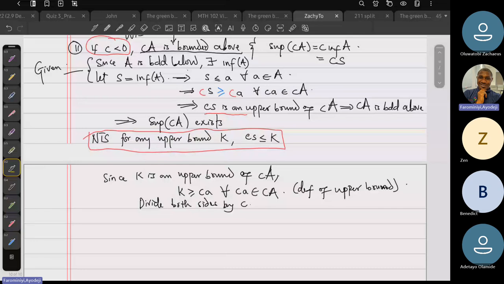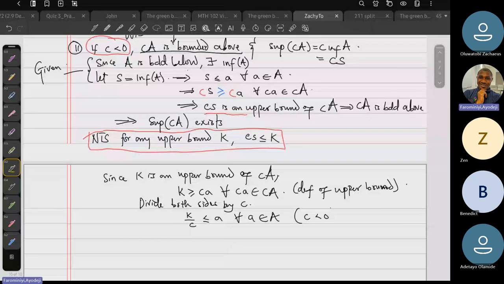Can somebody tell us? Since C is negative, it will be less than or equal to. Good. So I'm going to have K over C is less than or equal to A for all A in A, because C is negative.